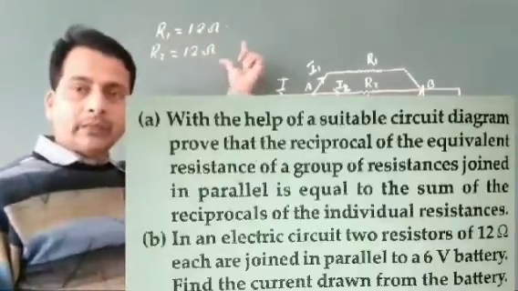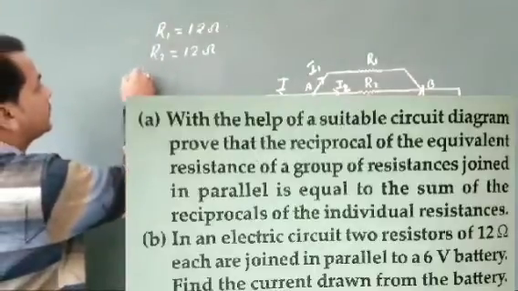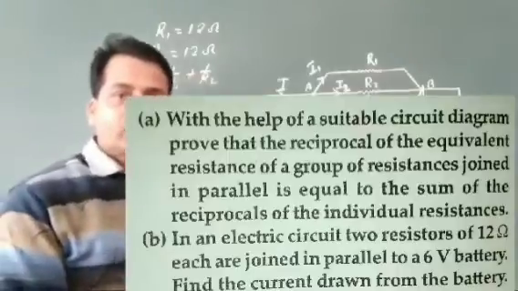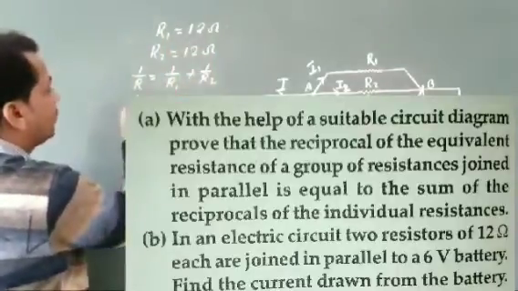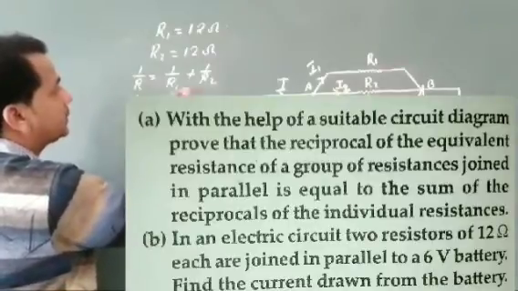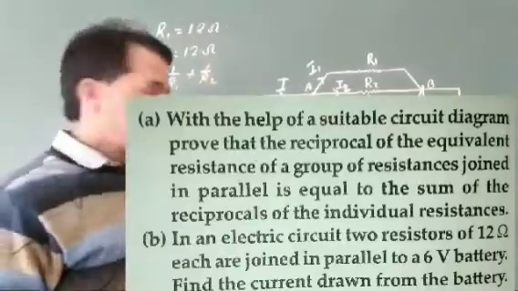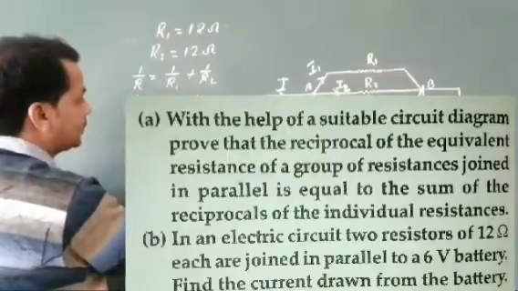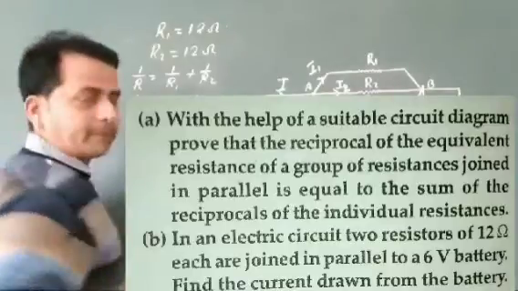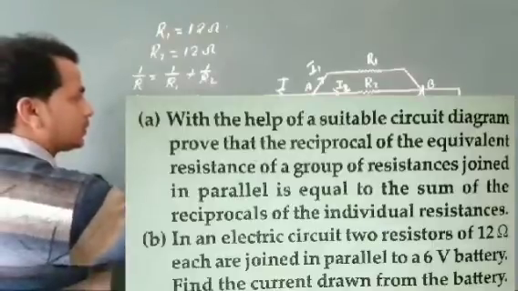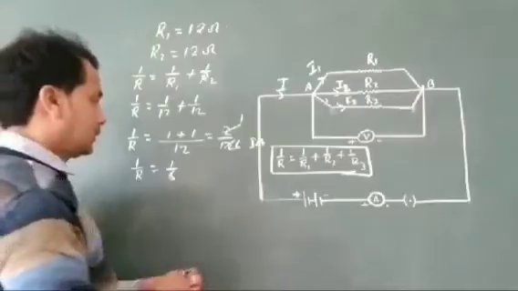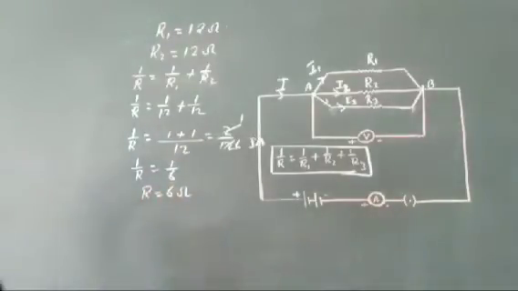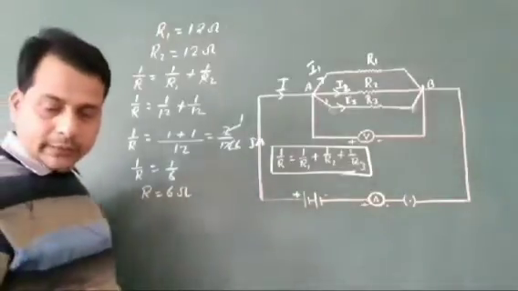According to the parallel combination, the equivalent resistance is 1/R = 1/R1 + 1/R2. Putting in the values, R1 is 12 ohm and R2 is 12 ohm, so 1/R = 1/12 + 1/12, that is 2/12. Then 1/R = 1/6, and R = 6 ohm.